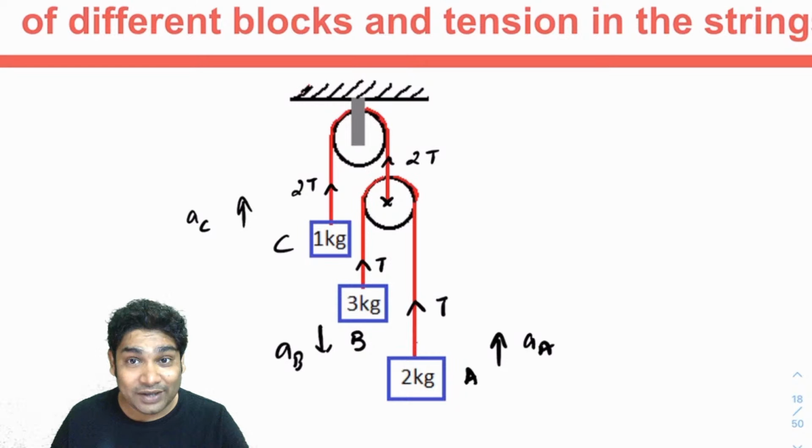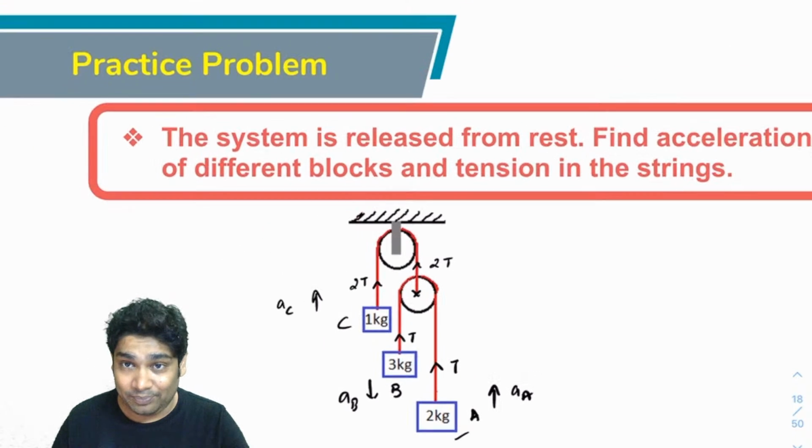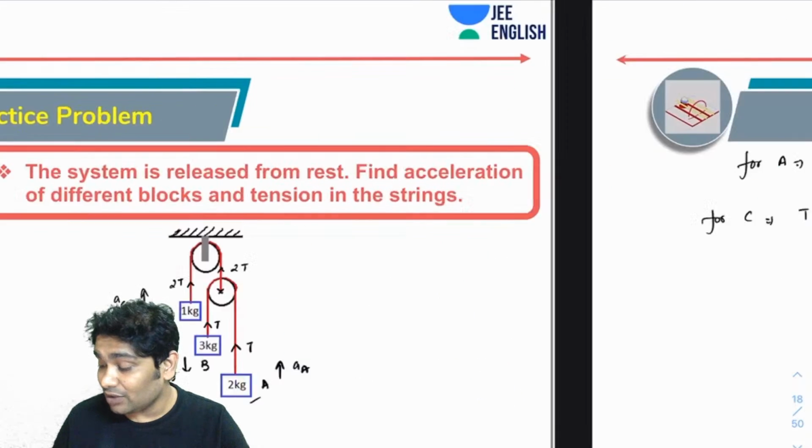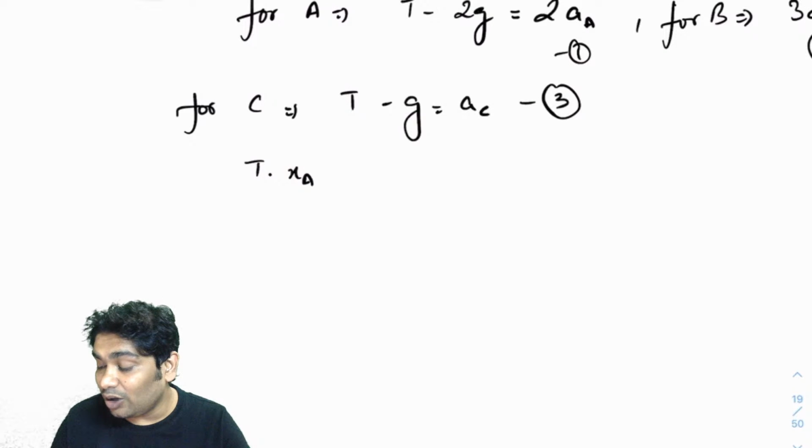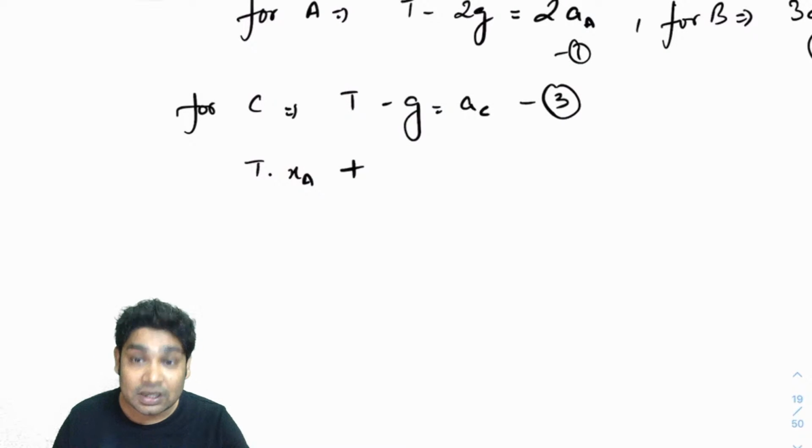So how do I use the constraint equation? Let's find the work done. The work done on A would be T times x_A on the positive side. So T times x_A would be the work done on A by tension, plus, how about B?